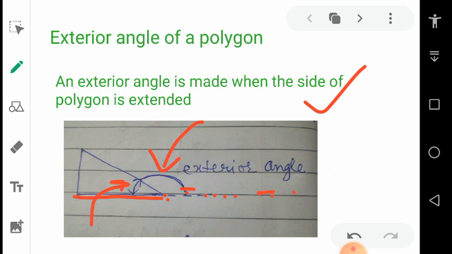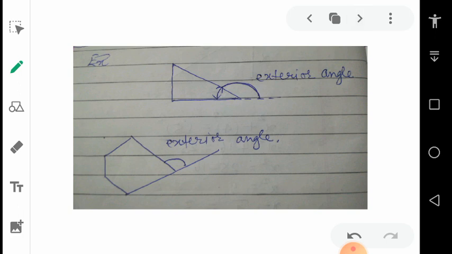All right, so I hope you know what an exterior angle is. There are more geometrical shapes where you can make it clear. Now see the second figure. Here it is a pentagon.